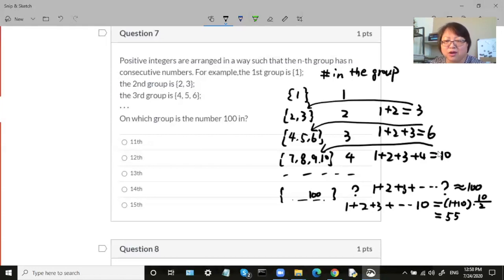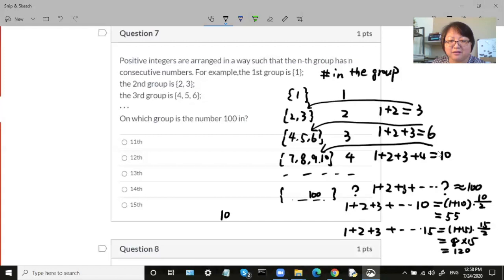So maybe let's try 15. 15 would be 1 plus 15, times 15, over 2. So 16 divided by 2 is 8, times 15, which is 120. That is greater than 100. So we know our group should be between 10 and 15.